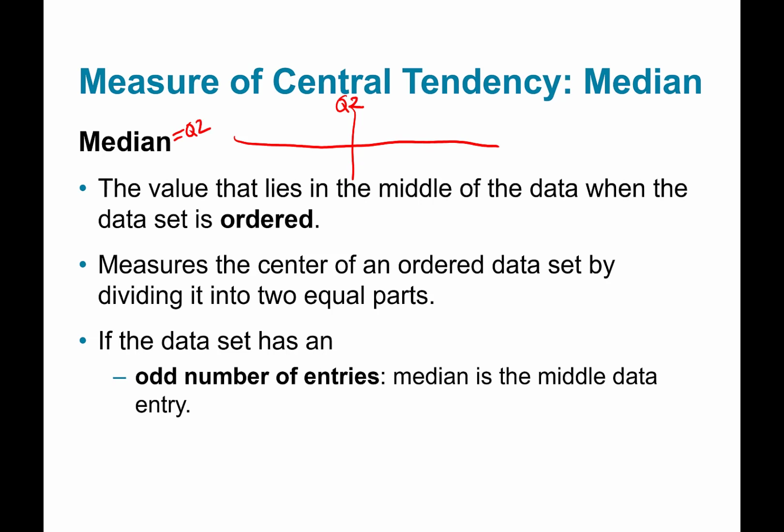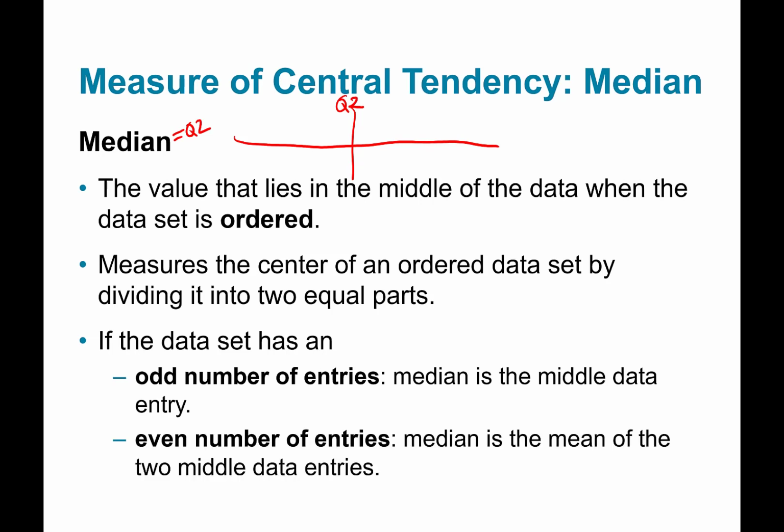A couple things can happen. If our data set has an odd number of entries, the median is your middle data entry. So the median will actually be a data entry if you have an odd number of entries. If you have an even number of entries, the median is the mean of the 2 middle data entries.